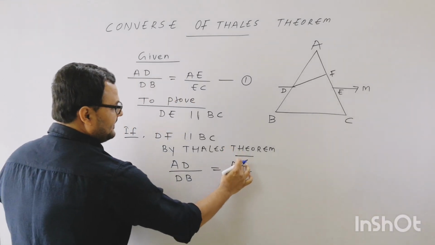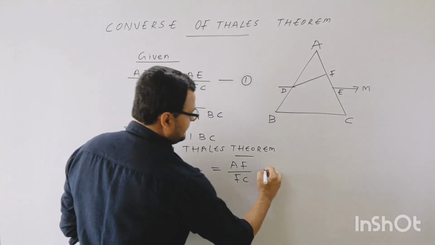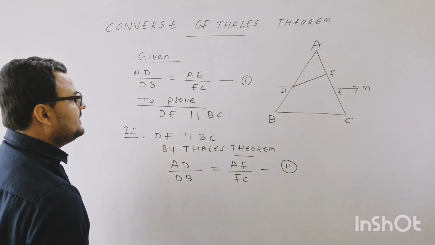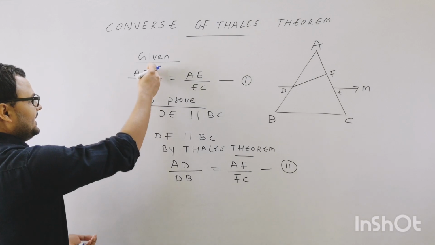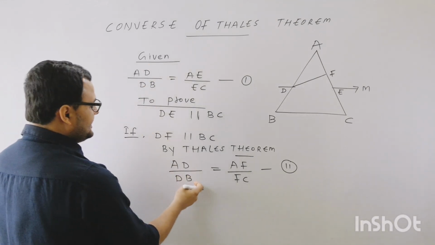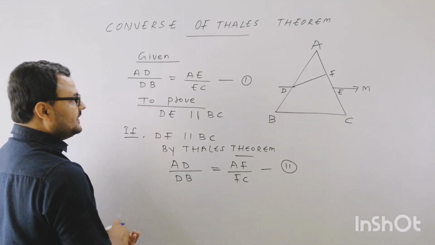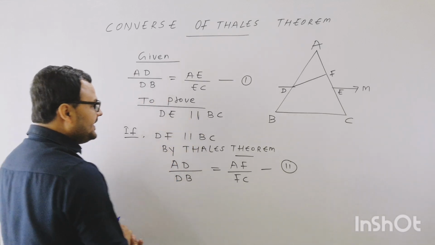And how did we do that in the Thales theorem? So I'll name it as equation 2. If you check equation 1 and equation 2, the LHS AD by DB is equal. So when the LHS is equal, the RHS is also going to be equal.